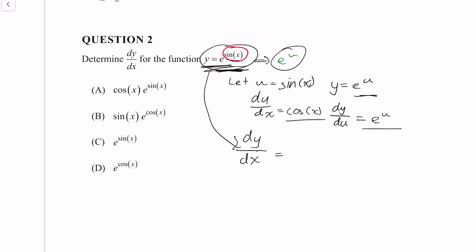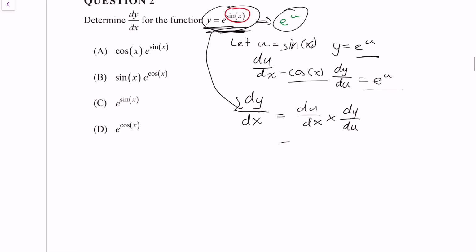So that is going to be, they want the trigonometric one first, cos x e to the u.